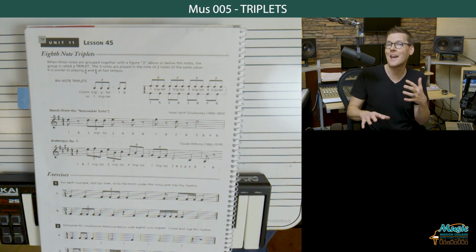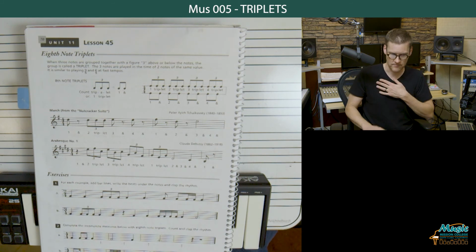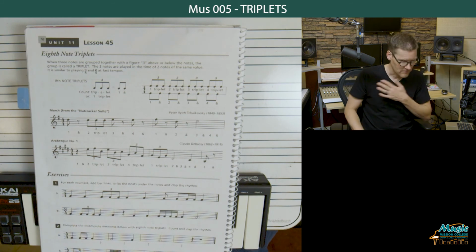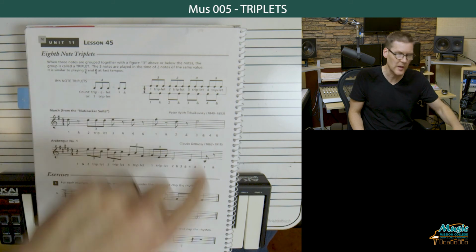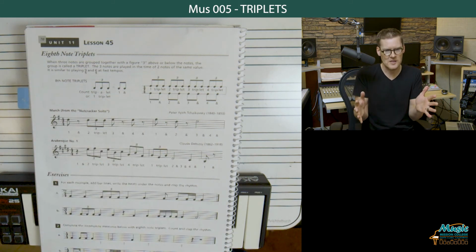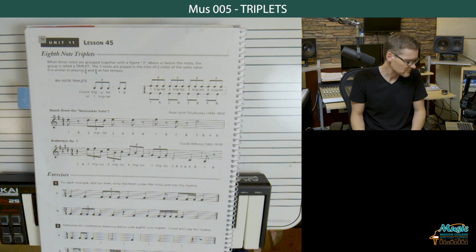So my hands are together on the downbeat, on the beginning of each grouping. Right, they land together, just like they do on the page. But then the 3 is happening a little faster than the 2 in order to kind of squeeze them all in.